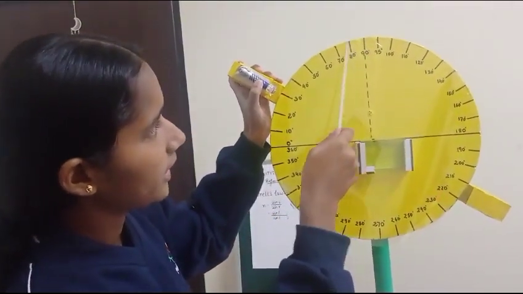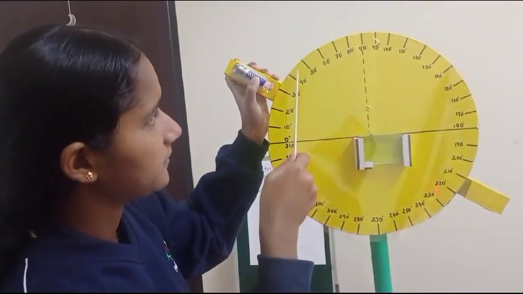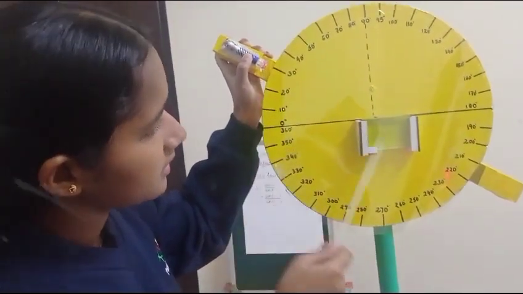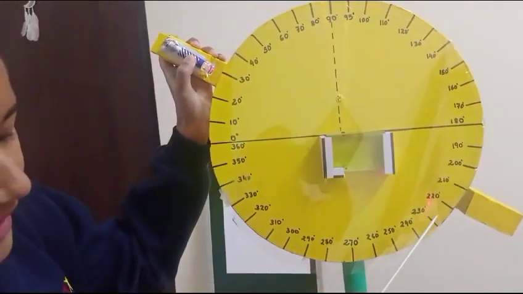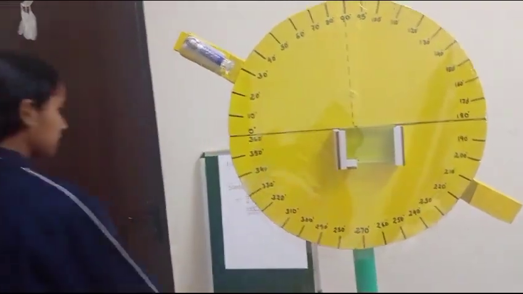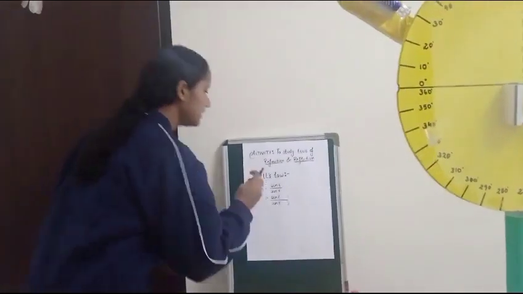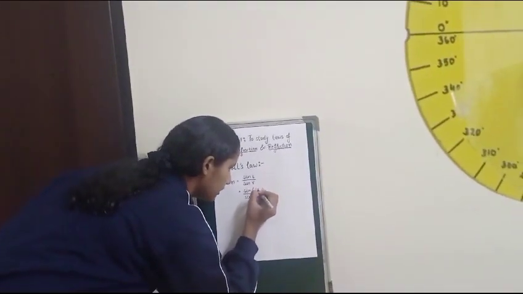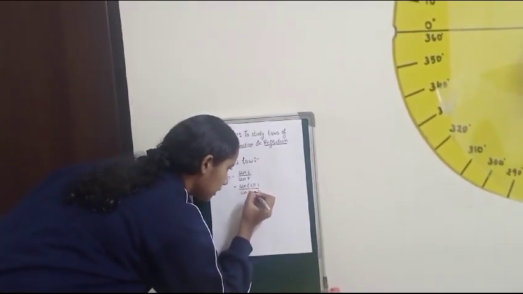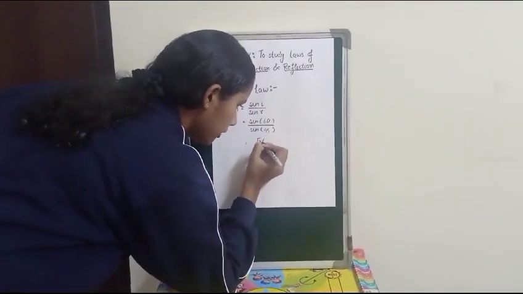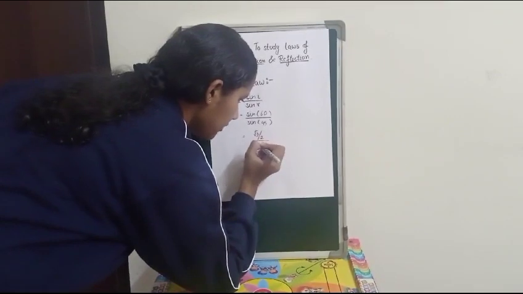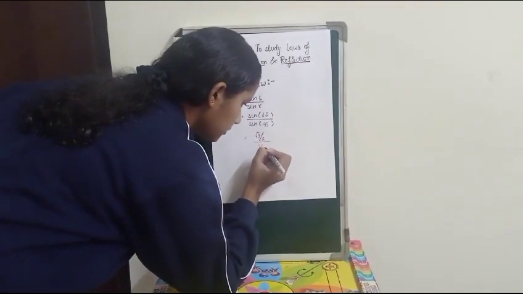This is 10, 20, 30, 40, 50, 60 degrees till here, which is 10, 20, 30, 40 and 45. So when we do the calculations, we get sine 60 upon sine 45. Now, sine 60 is equal to root 3 upon 2 divided by 1 upon root 2.